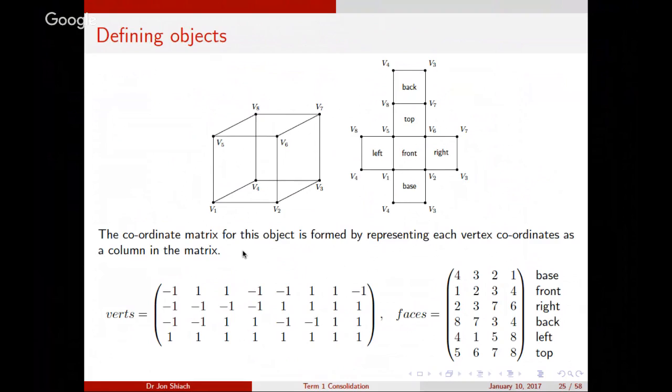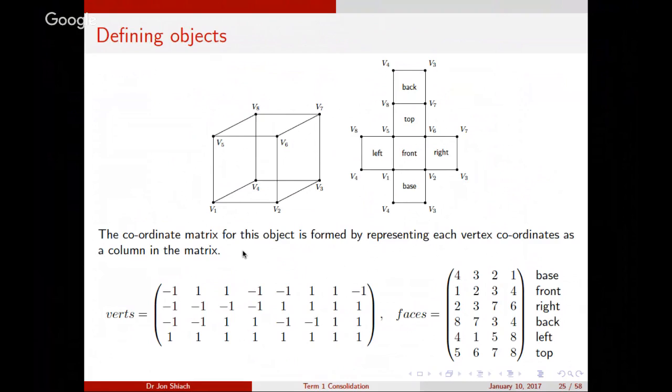The point being is each of these rows of this face matrix corresponds to what vertices the face is defined as being. We've got 4 columns, so each face has got 4 points. Going back to the vertices, here we have our vertex array.